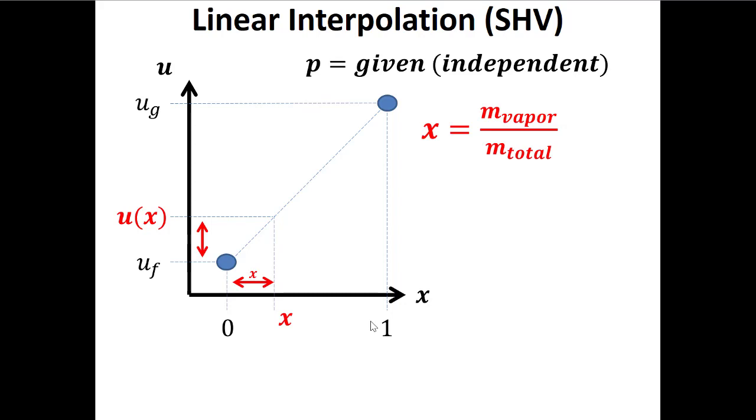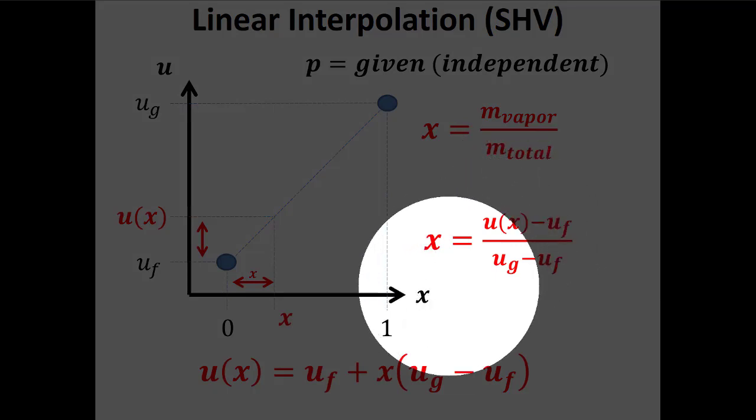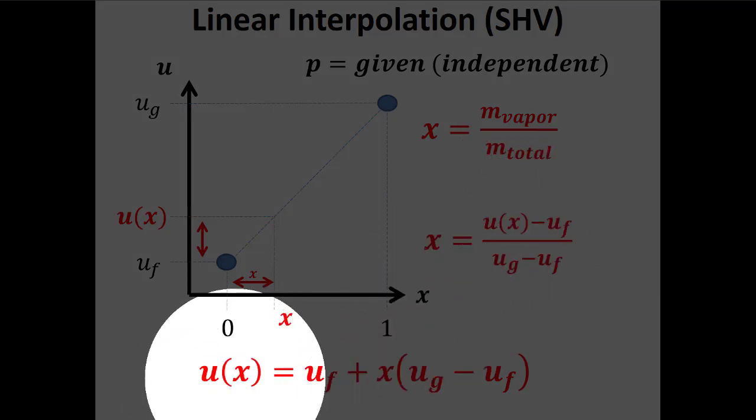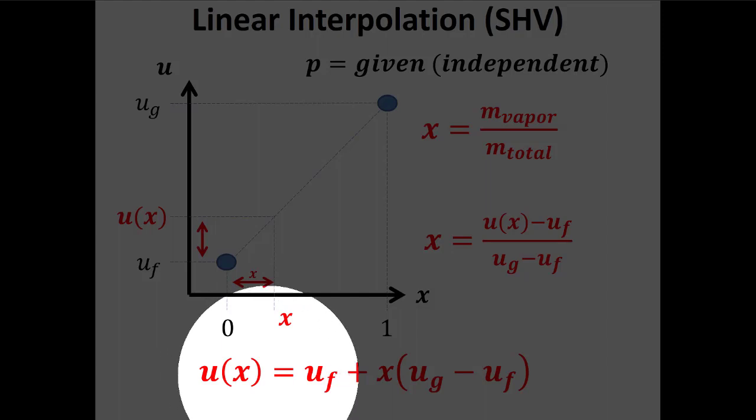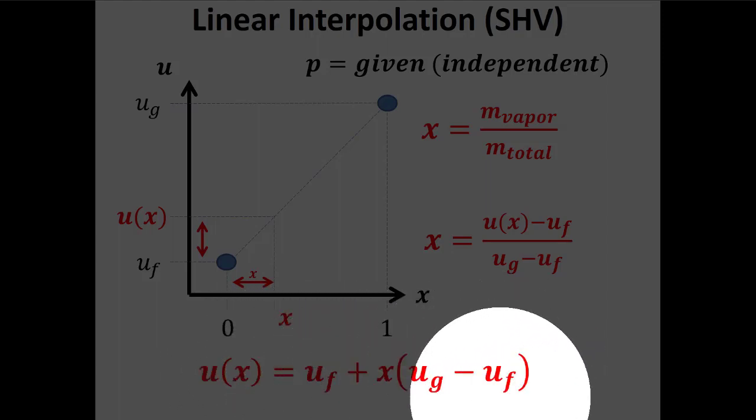So x is defined as the mass of the vapor divided by the total mass. X would also be this equation, right, which we get from our interpolation factor equation. So here, if I want my specific internal energy at a particular quality, then I have uf plus x times (ug minus uf).